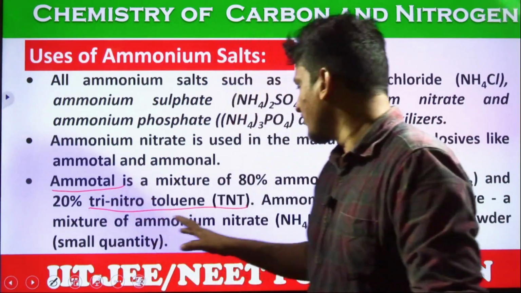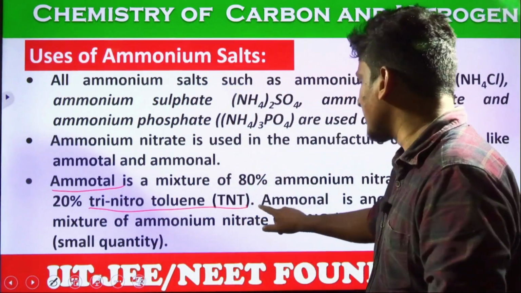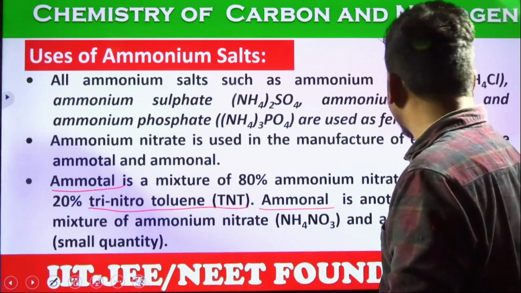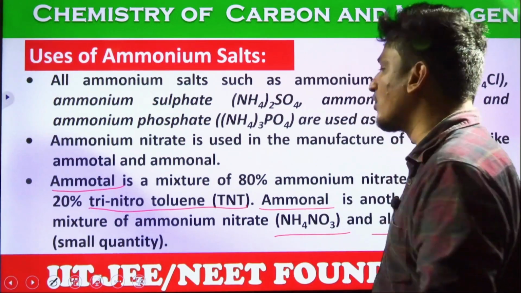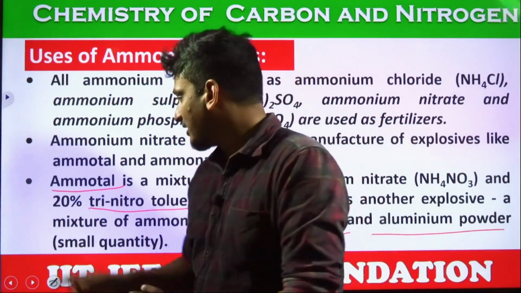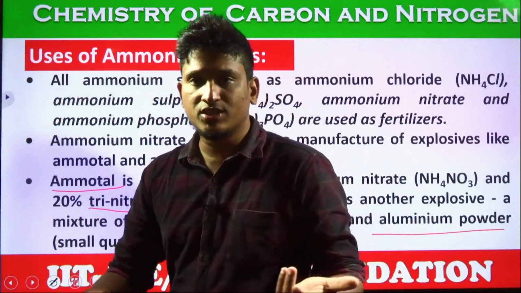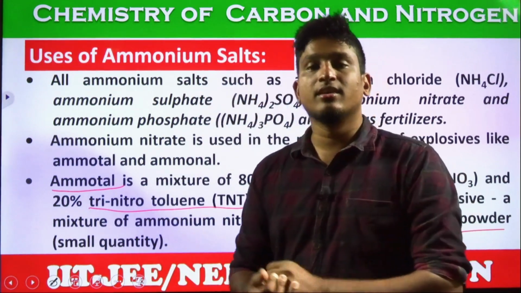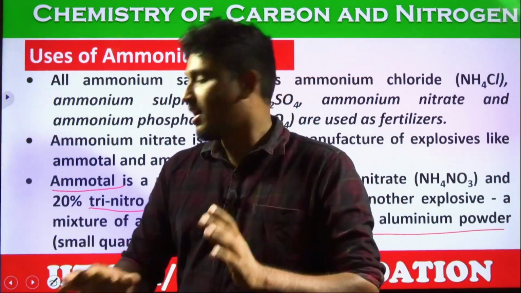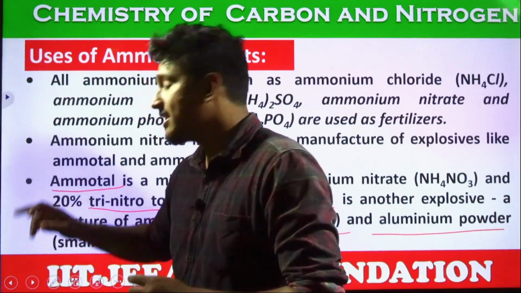So that is ammotal, which is used as an explosive. Ammonal is another explosive, a mixture of ammonium nitrate and a small quantity of aluminium powder. These mixtures and their percentage compositions, as well as the formulas of the compounds these explosives are made up of, are all important from the exam point of view.